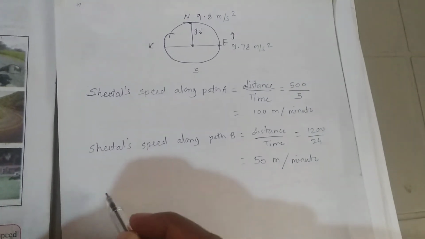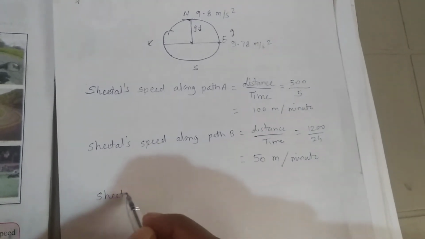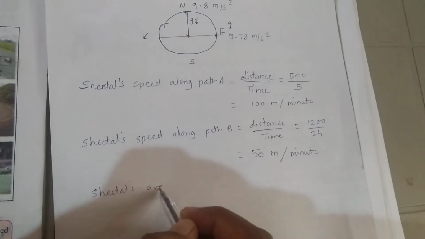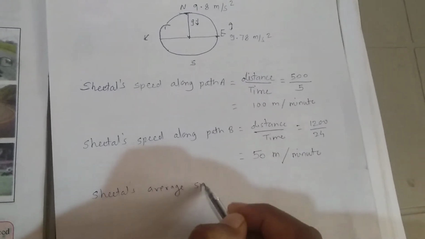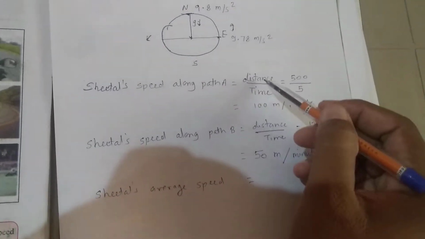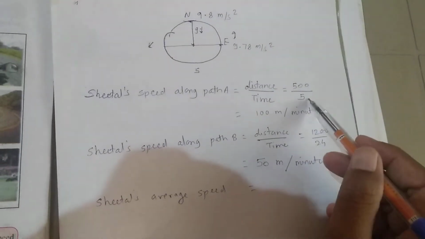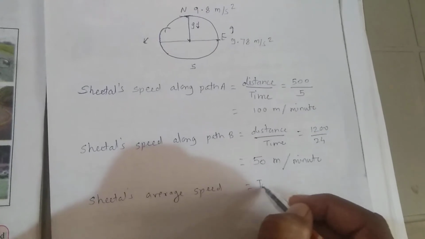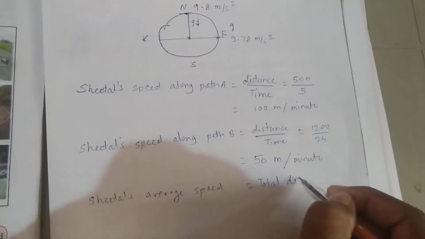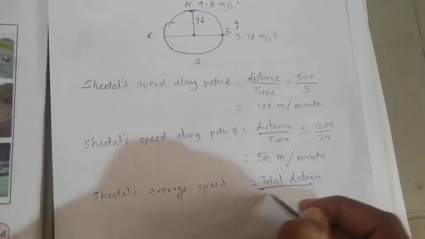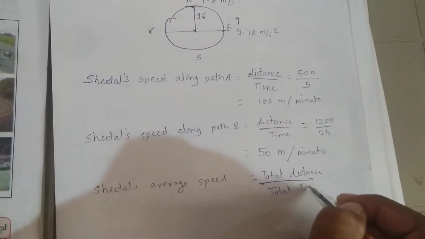Now Sheetal's average speed. Average speed, that means we have calculated the total distance, that is 500 plus 1200 and total time 5 plus 24. Now, total distance upon total time, how much is it?